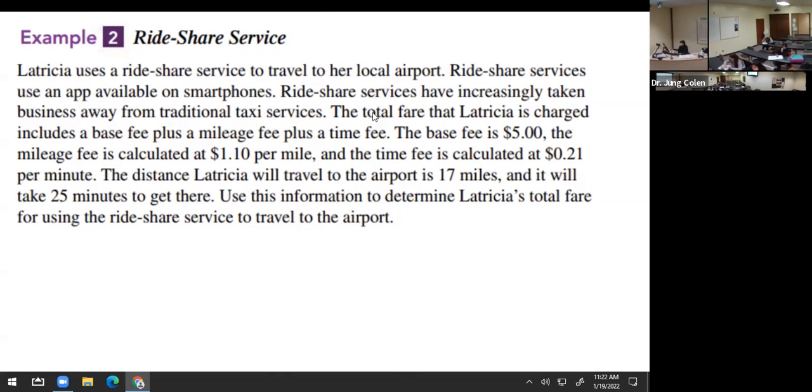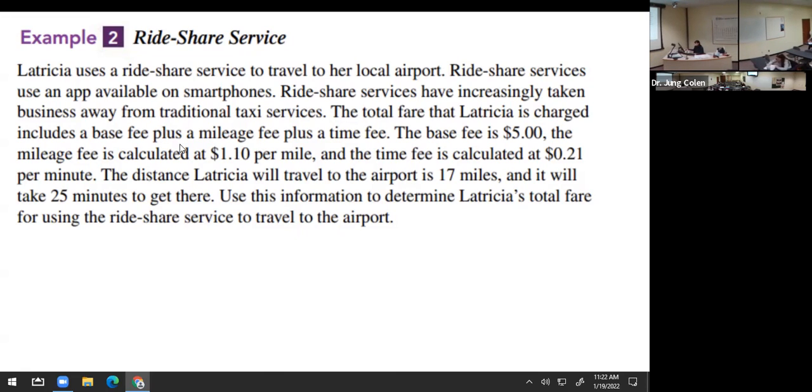No. The total fare that Patricia is charged includes a base fee plus a mileage fee plus a time fee. So write that down. You can use the math symbol there, like the plus symbol. So you can put total fare equals base fee plus mileage fee plus time fee, right?